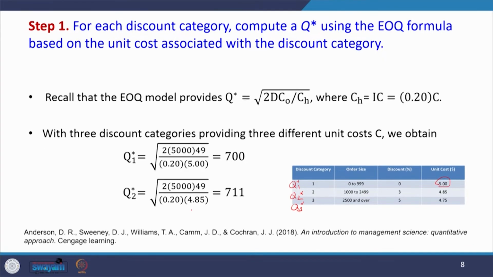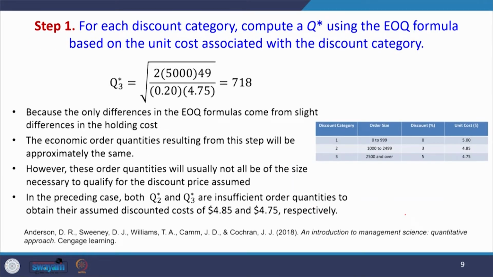For Q2, 2D C naught by 0.2 multiplied by 4.85. For Q3, it is 4.75, Q3 equal to 2D C naught by CH. So, we got Q1, Q2 and Q3.